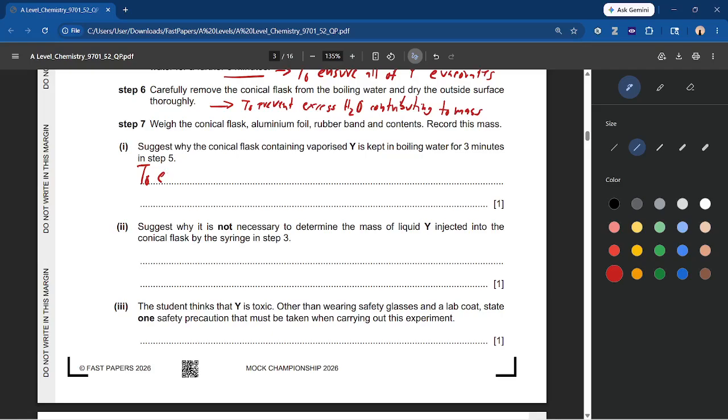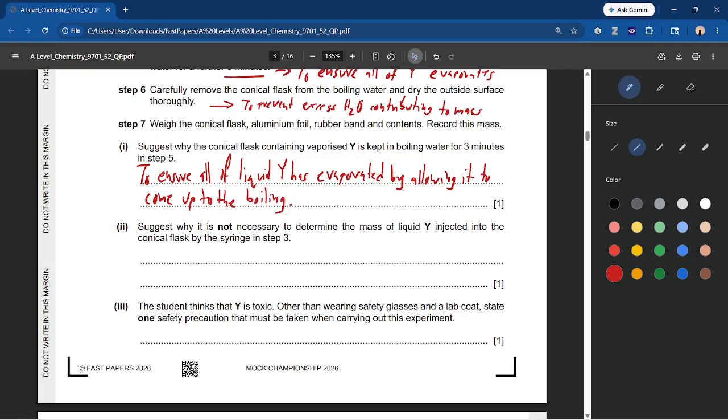So it's to ensure all of liquid Y has evaporated by allowing it to come up to the boiling point of water. Boiling point of water. Here we go, 1 mark.